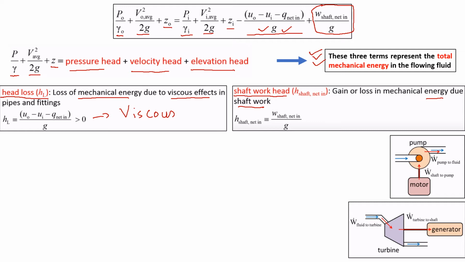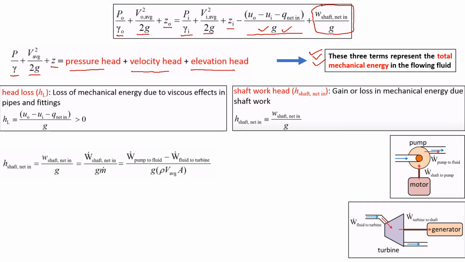So now let's put these terms into our equation and make some more sense out of it. This is the shaft work head, and if I divide this shaft work head by g, and similarly if I want to represent this in terms of rate of work transfer, in terms of power, I can divide this by m dot, and that m dot is again equal to rho VA.